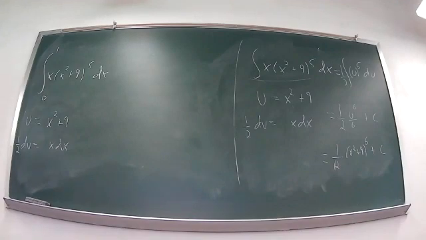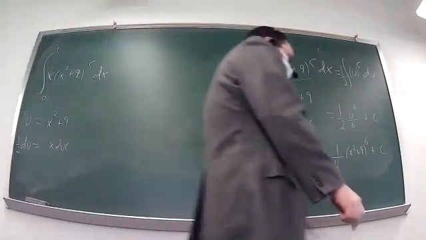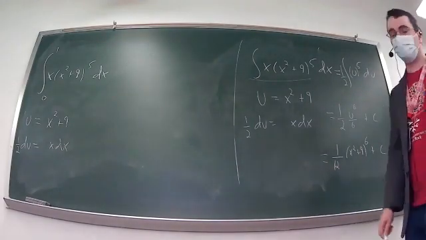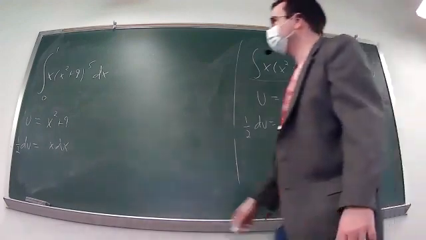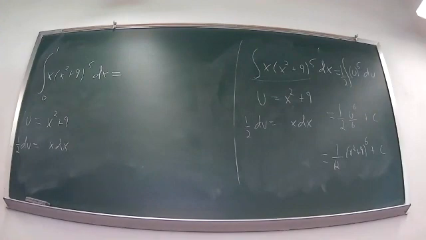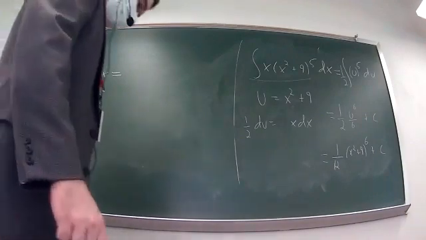But the difference is, when you do a definite integral, how do you do it? You take an antiderivative and evaluate it from x goes from 0 to x goes to 1.